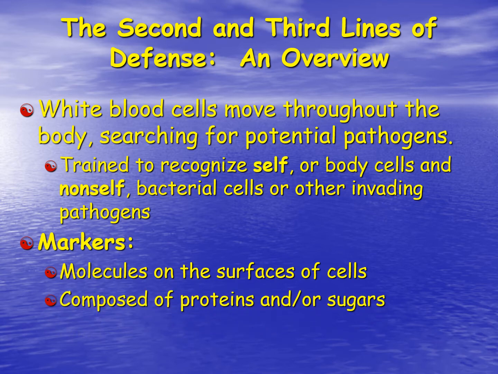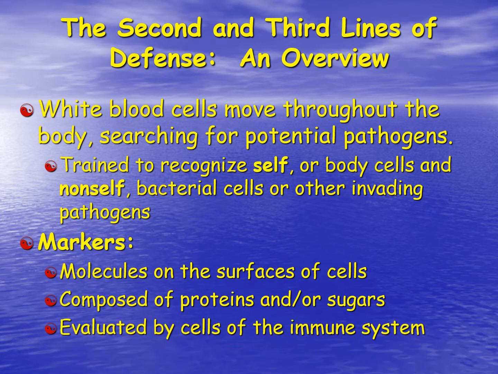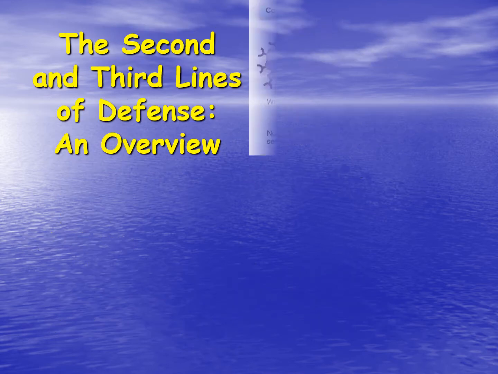These tissue markers are usually composed of proteins and or sugar molecules that literally are our name tags or our self-antigens. And so the immune surveillance system will be evaluating these markers and deciding whether or not this is a self cell or a non-self cell.